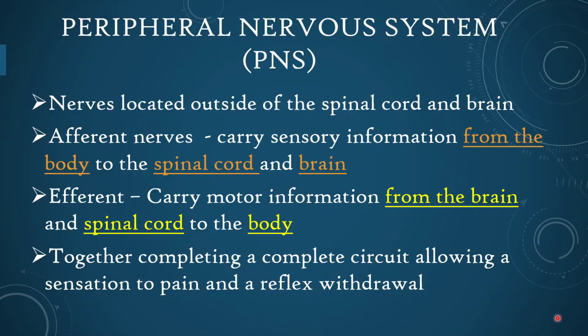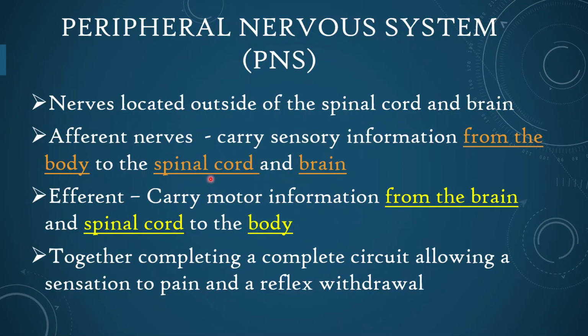Let's look at your peripheral nervous system. Nerves located outside of the spinal cord and brain. Remember I mentioned that reflex hammer earlier in one of the videos. That's how these afferent and efferent nerves work. Afferent nerves carry sensory information from the body to the spinal cord.